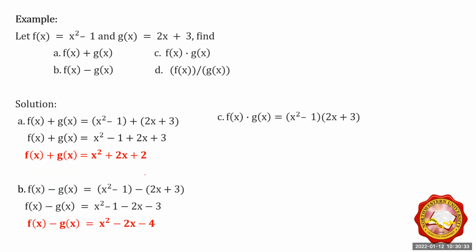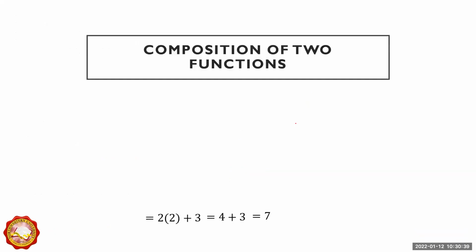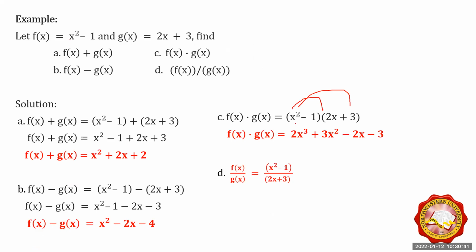So, pag multiplication, you just do the FOIL method. Pag division, of course, it's just dividing. Usually kasi, pag magdi-divide tayo ng functions, we're using either the long division or we're using fraction form, which is this. Nilalagay lang natin siya sa fraction form.